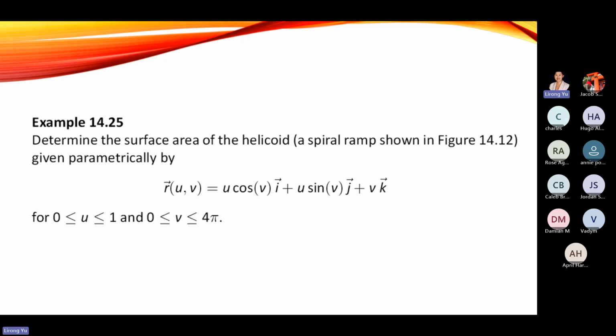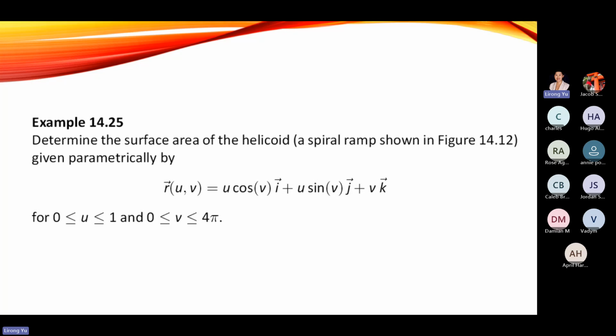I wonder how, normally in real life, we have a ramp that goes high. For example, in the design of a parking building, or in a regular building, we have those spiral stairs.